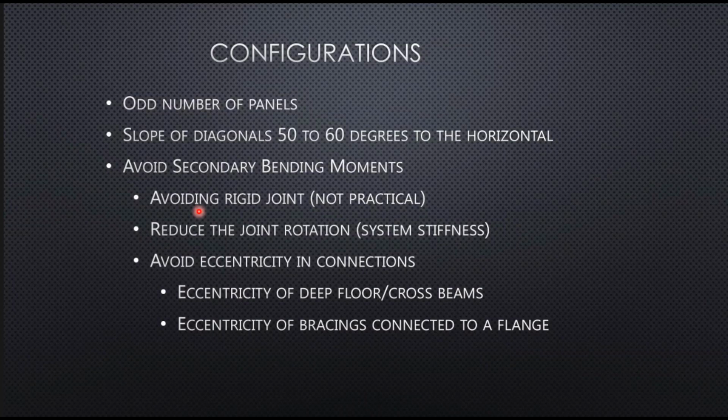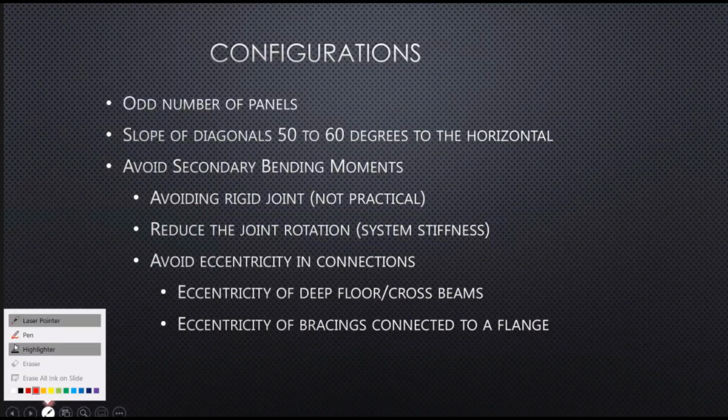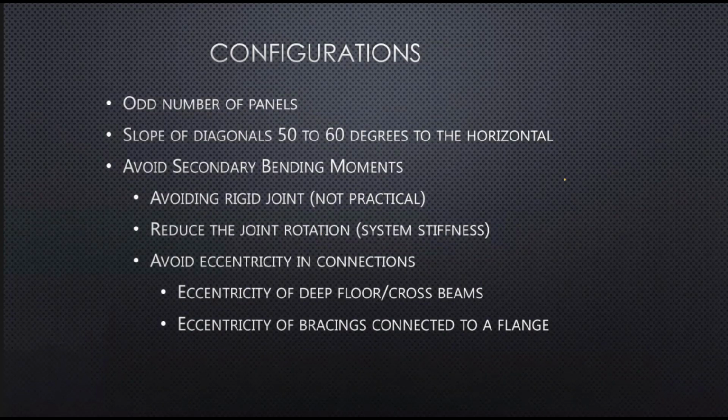So in the detailing of the system, if there are three members joining, I will make sure that the CG of this member and the CG of this member coincide.